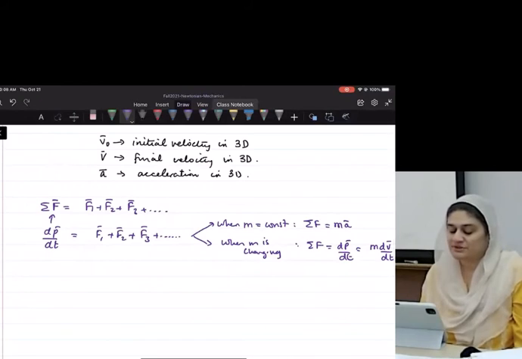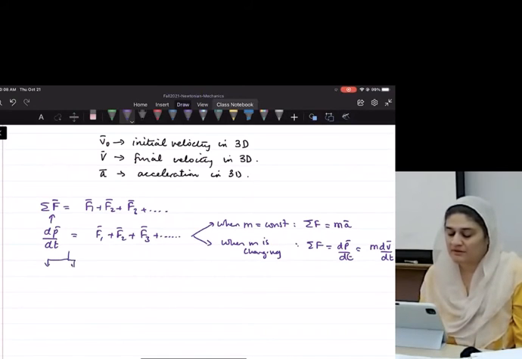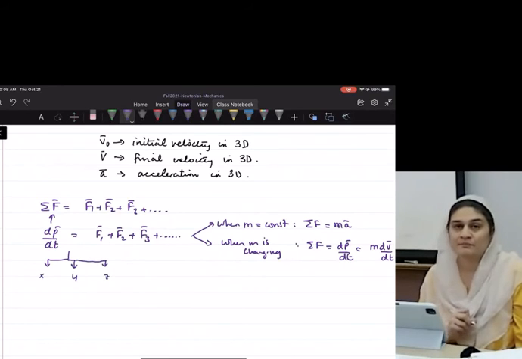So how many equations should we get from this? 3. 1 along the X, 1 along the Y, 1 along the Z.